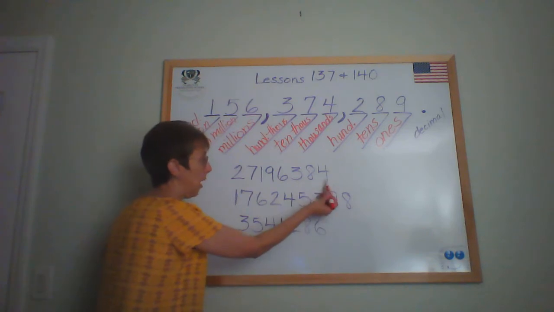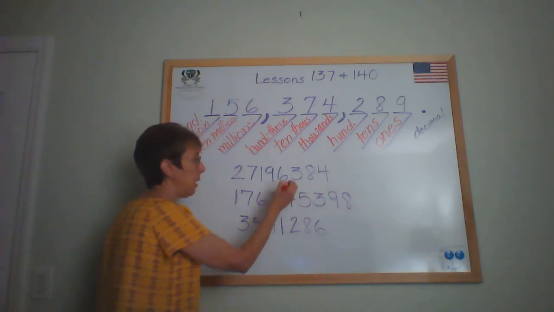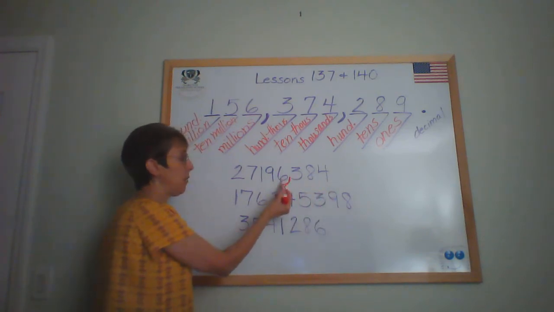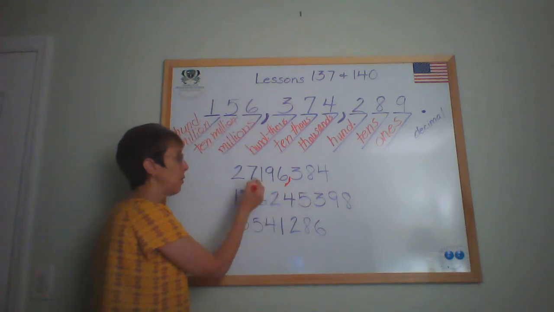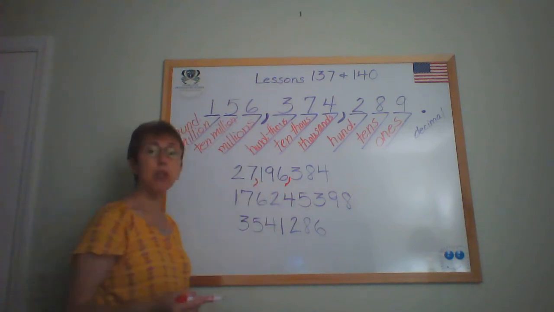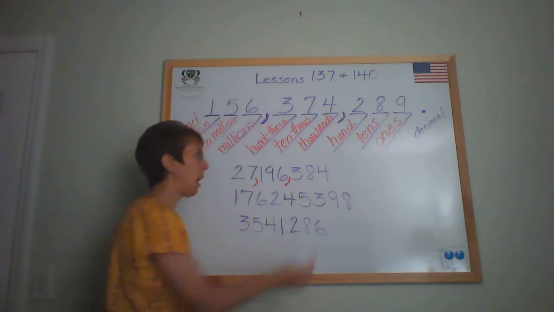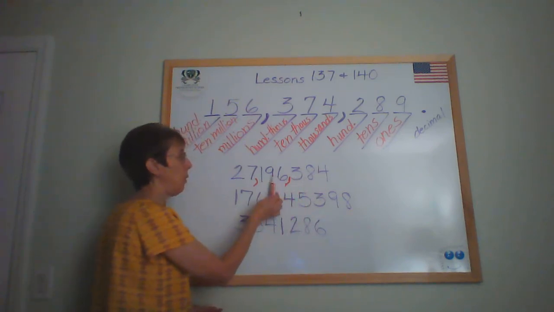So what you need to do when there are no commas, you start, of course, with the ones place, and you go ones, tens, hundreds, comma. Then you're into the thousands, 10,000s, 100,000s, comma. It's every 3 places you place that comma. So it's 1, 2, 3, comma, 1, 2, 3, comma.